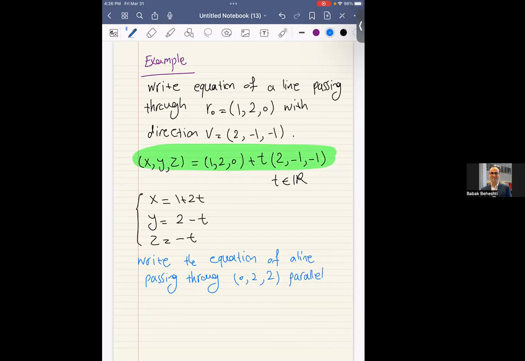Parallel to means in the direction of. So now the question is, what is the direction of the y-axis? We need the direction of the y-axis. The direction of the y-axis is just 0, 1, 0.